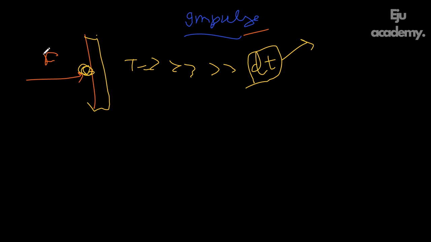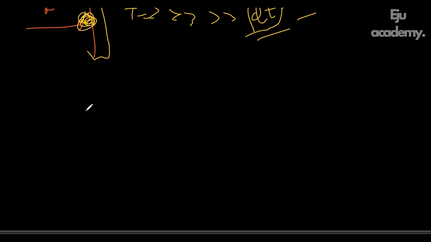So this large force, which has high magnitude, acts on this area for dt time. That's really impulse: something very big, rapidly applied on something for dt time.